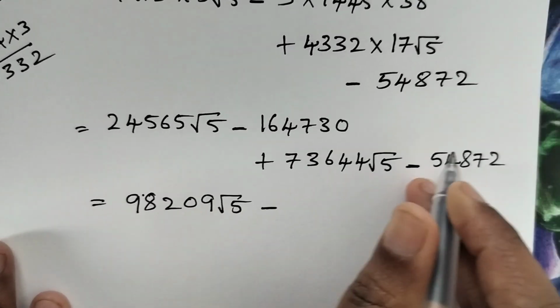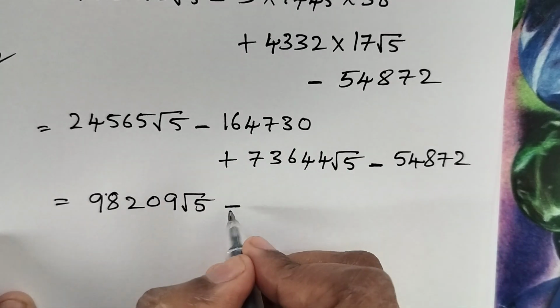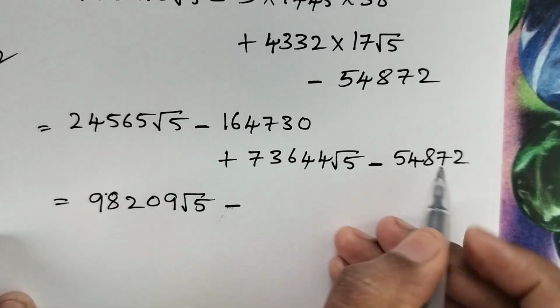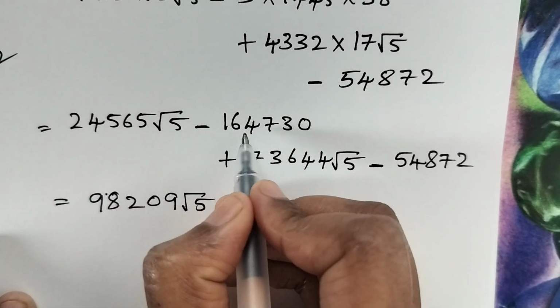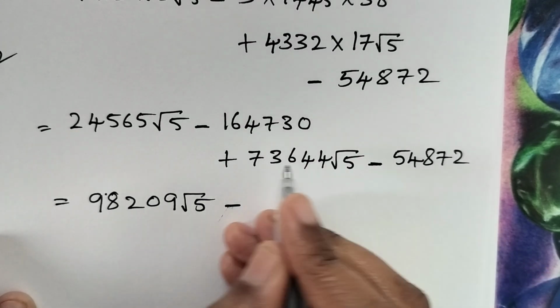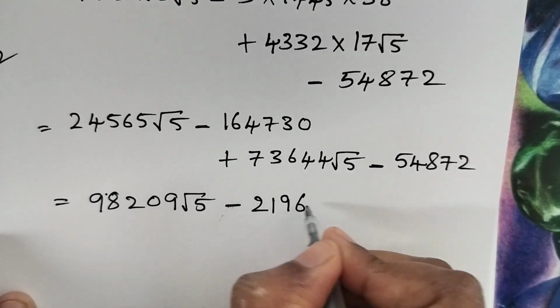So minus, here we have minus, it will become minus. So now we have to add these two values. So minus 164730 minus 54872, which is equal to minus 21960.